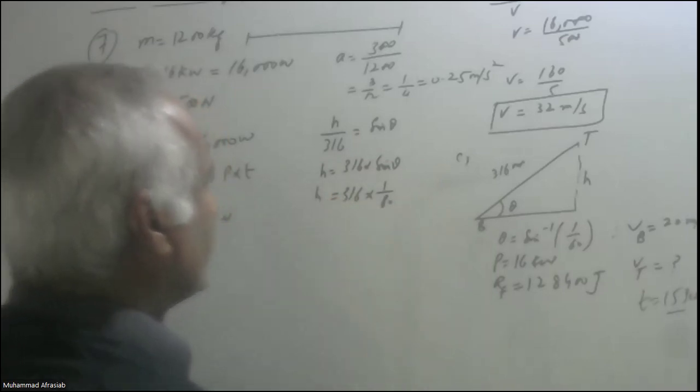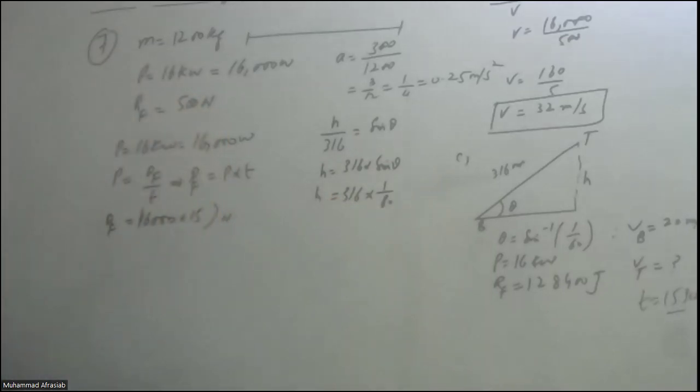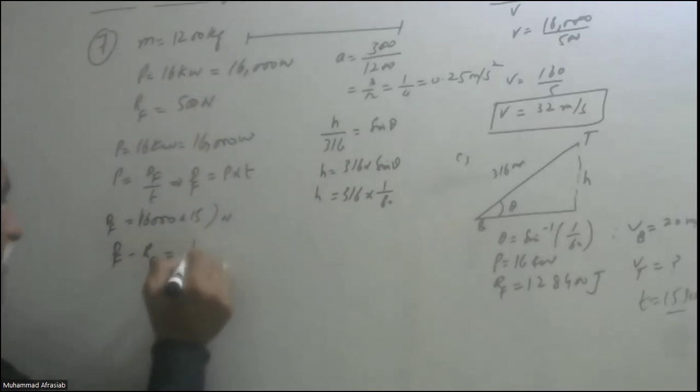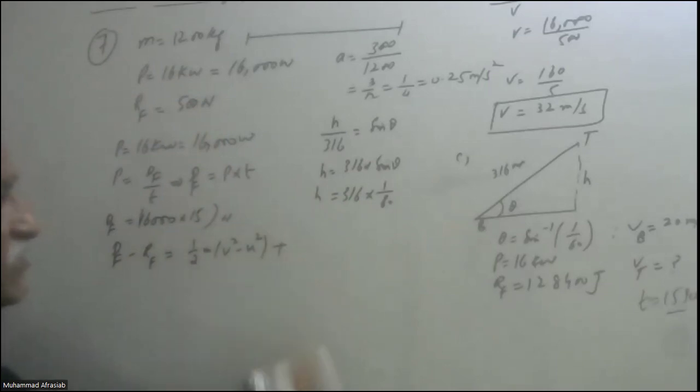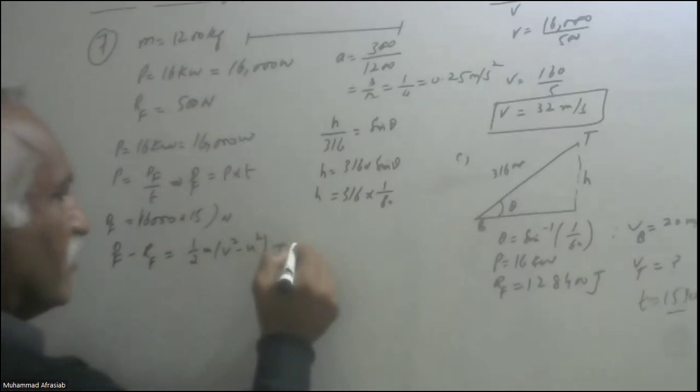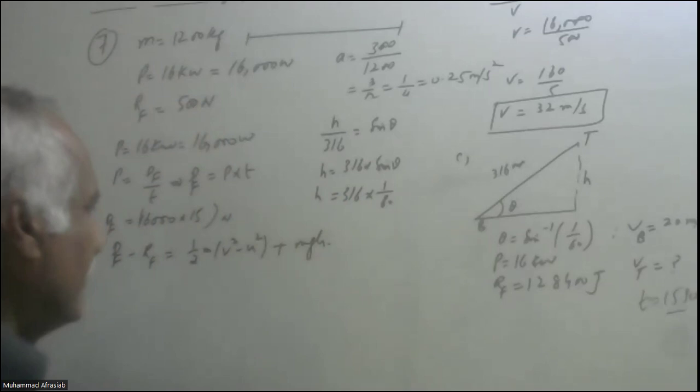So that is the height gained by that engine. So we know that work done by driving force minus resistive work is equal to change in kinetic energy of the system plus, because it is gaining height, mgh there.